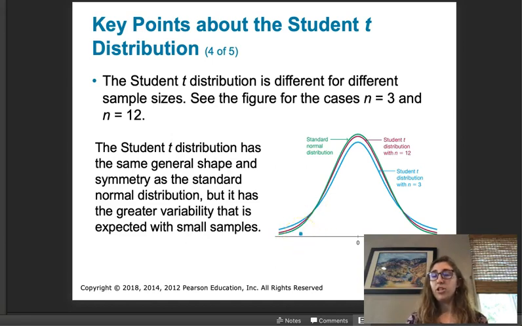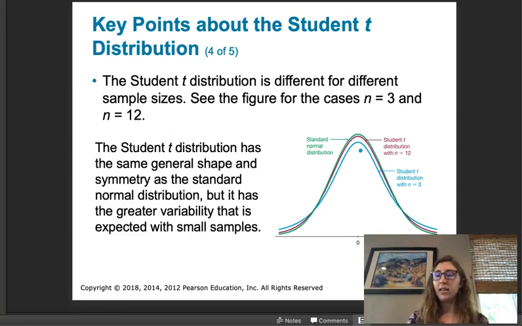When we're dealing with the student T distribution, the higher our value of n is, the closer it will be to a normal distribution. And the smaller the value of n, the further away it's going to be. In general, it's a very similar shape, but we do need to calculate our T critical values instead of our Z critical values.